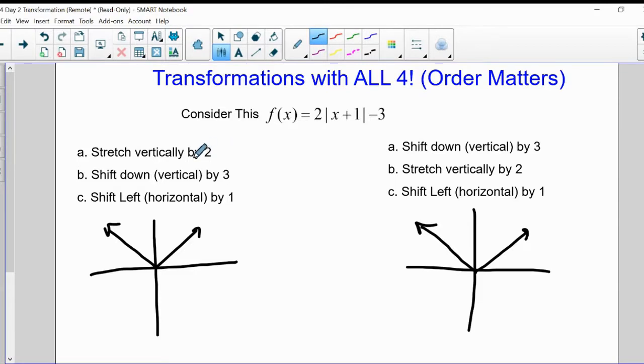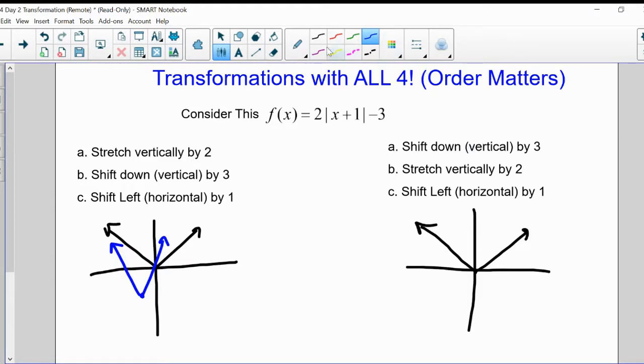That means our slope now is basically 2 and negative 2. So we do that first. Then we shift down by 3, and then we move left by 1. So down 3, left 1, and the slope has become 2, so to speak.